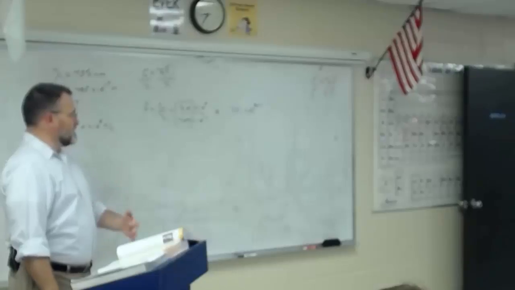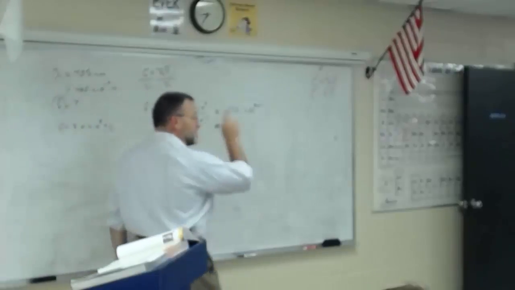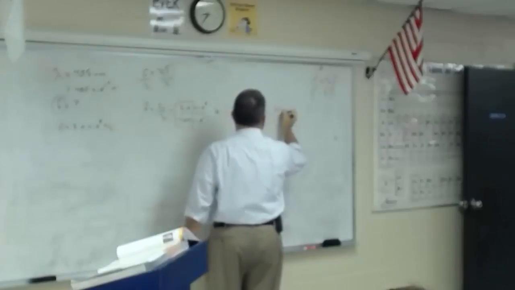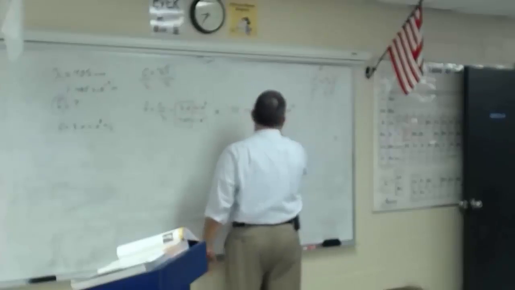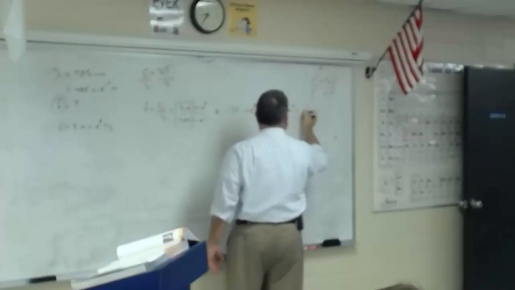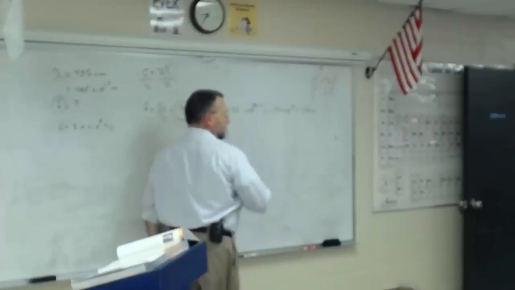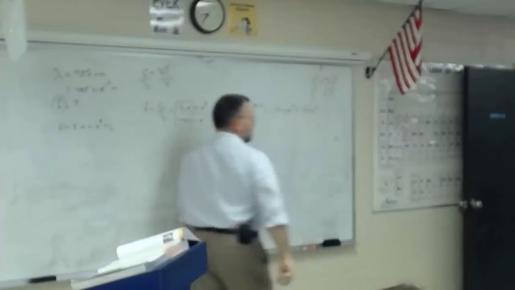Subtracting the negative is the same as adding a positive. So 0.75 times 10 to the 8 plus 7 is 0.75 times 10 to the 15th, which is equal to 7.5 times 10 to the, so I'm making this one bigger, I need to make that smaller, it would be about the 14th.